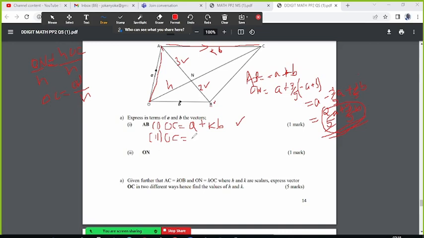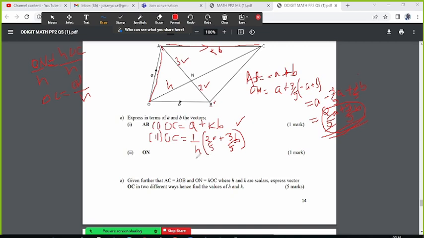So vector OC will be equal to 1 over h into ON, and ON is 2 over 5 A plus 3 over 5 B. That is 1 over h.